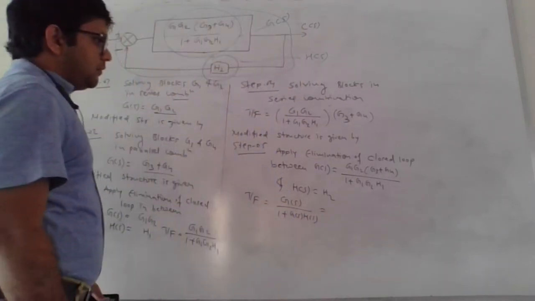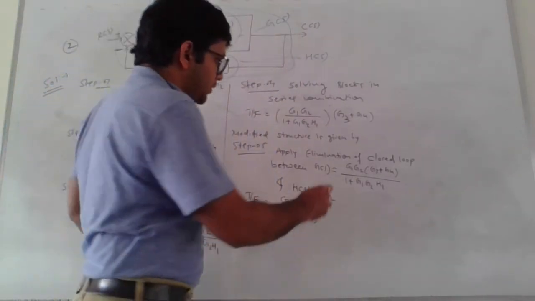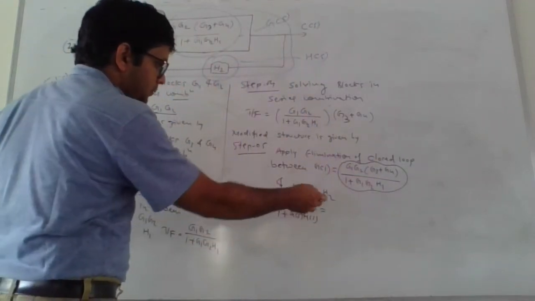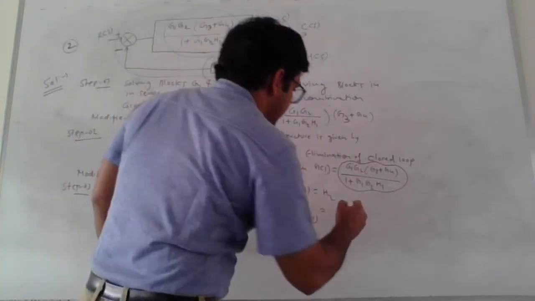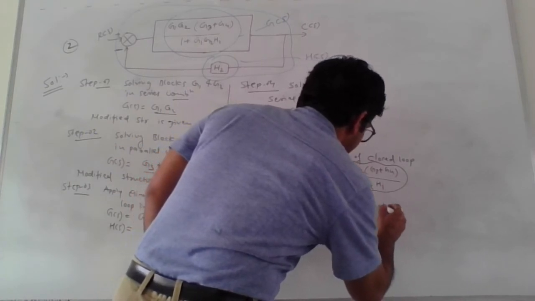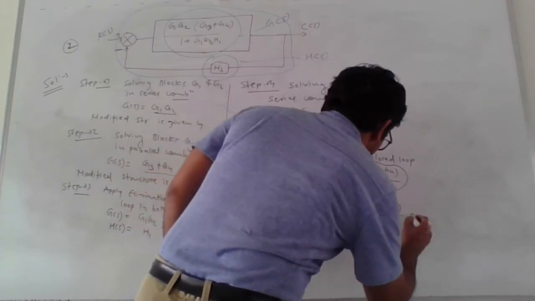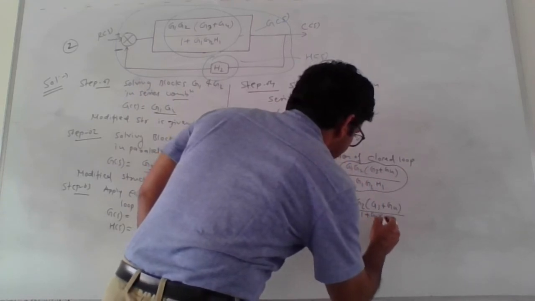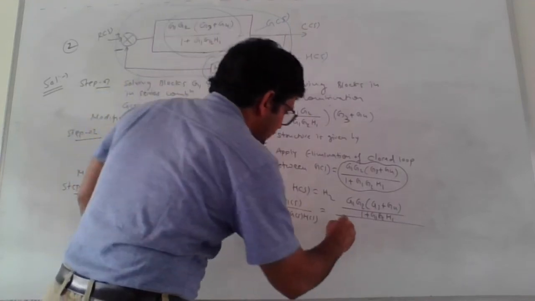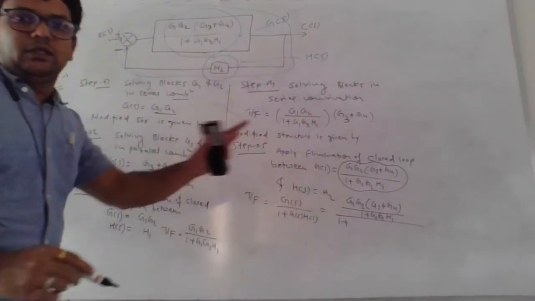That's it. So what we need to do, instead of writing g of s, we need to replace this g of s by this particular term and h of s by h2. So it is something like that: g1 into g2 in bracket g3 plus g4 whole divided by 1 plus g1 g2 into h1, this is your g of s, whole divided by 1 plus g of s into h of s.